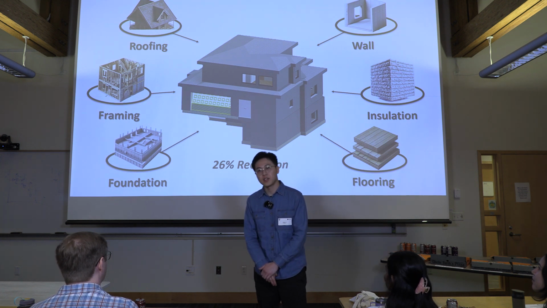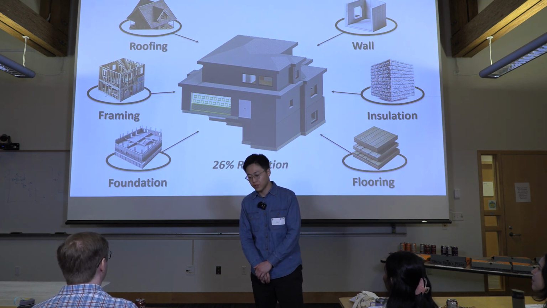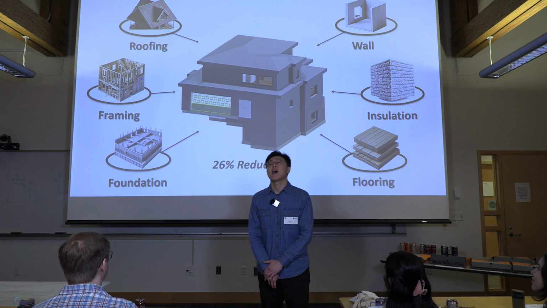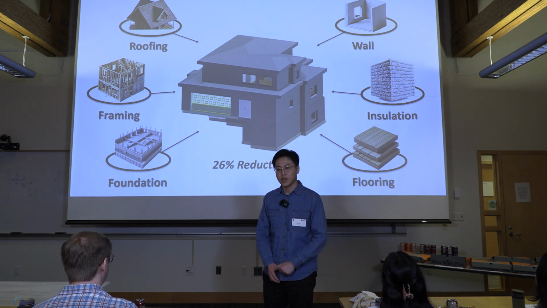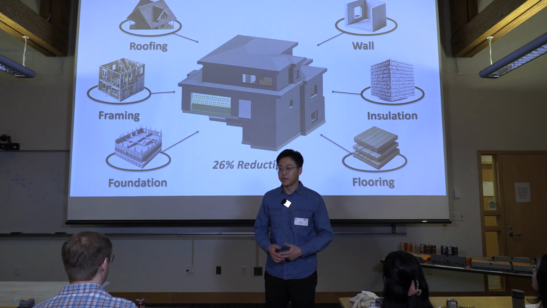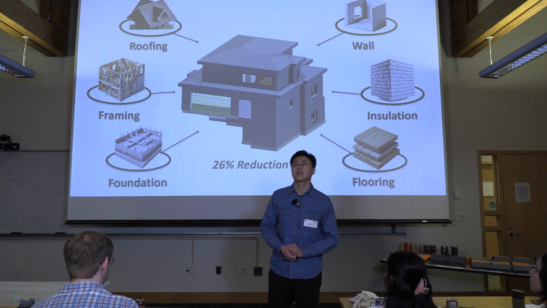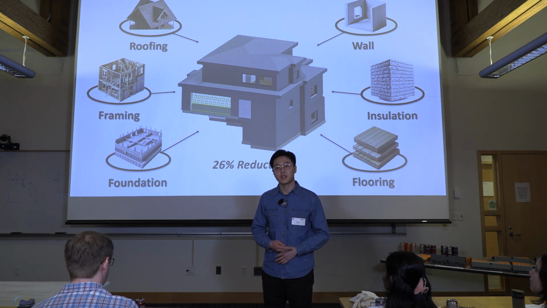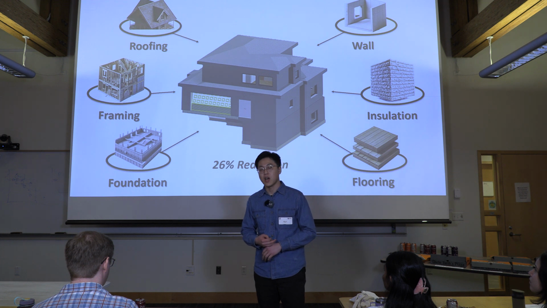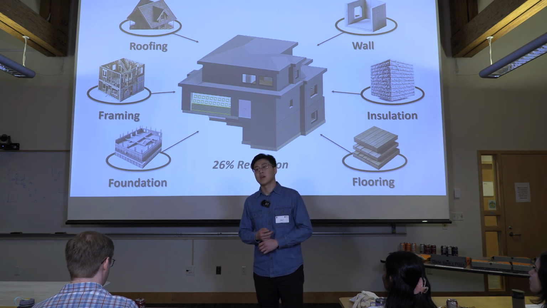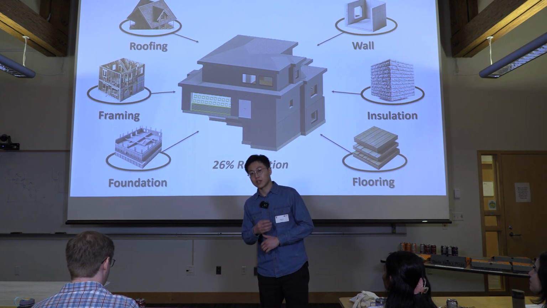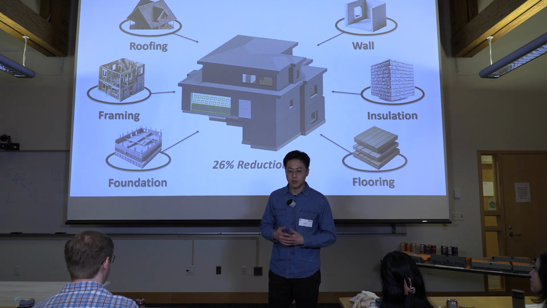The construction industry is a major contributor to resource consumption and carbon emissions, accounting for 20 to 50% of global natural resource use. And the extraction, the processing, and the transportation of the construction material comprise half of buildings' life cycle carbon emissions.